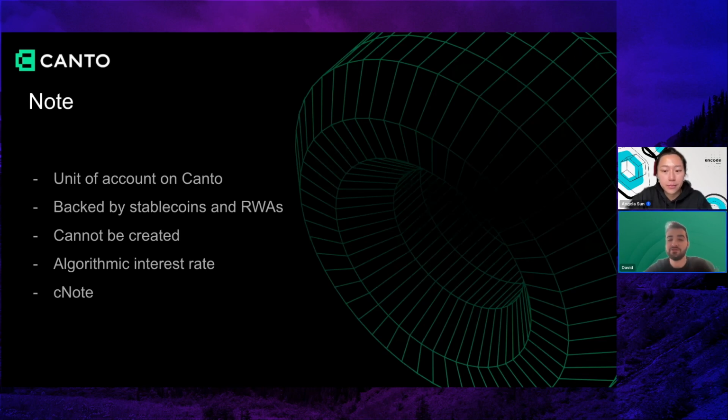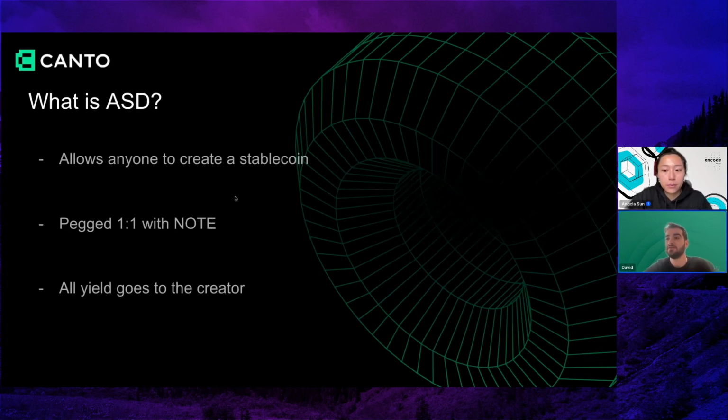So now moving on to ASD, which is application specific dollar. This is an SDK that will allow anyone or any protocol to create a stable coin that is pegged 1-to-1 with note. So all the yield that this note would generate goes to the creator of this application.